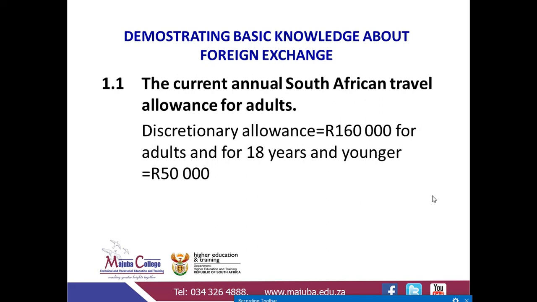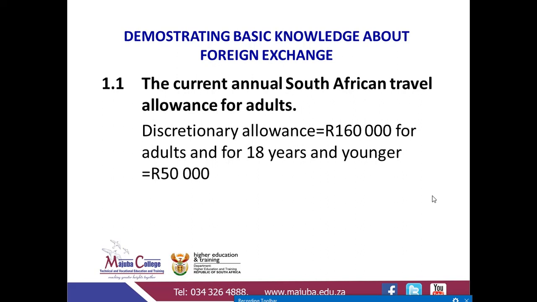Obviously, when a client begins his or her tour overseas or abroad, he will need a travel allowance. So what is a travel allowance, students? We know that a travel allowance is also known as the discretionary allowance of 160,000 rand for adults, and 50,000 rand for those 18 years and younger.